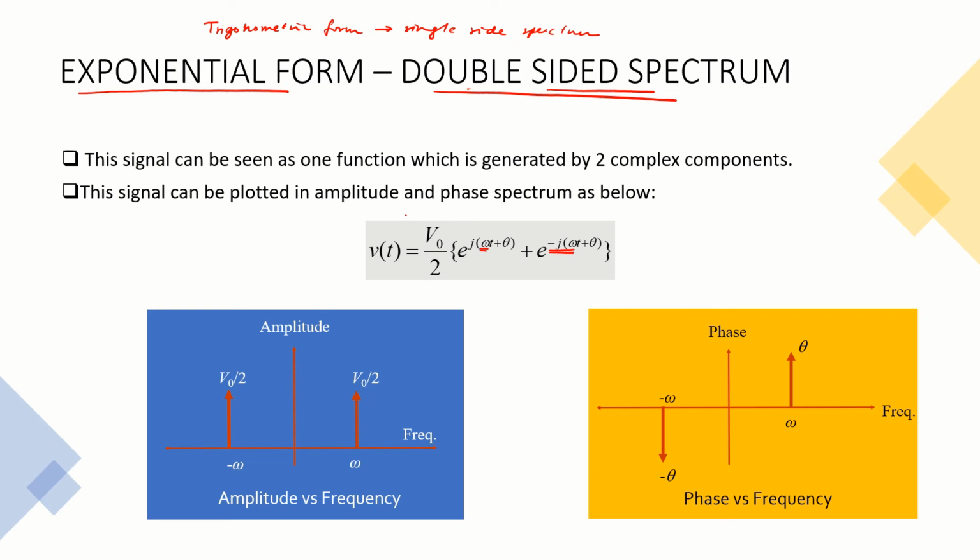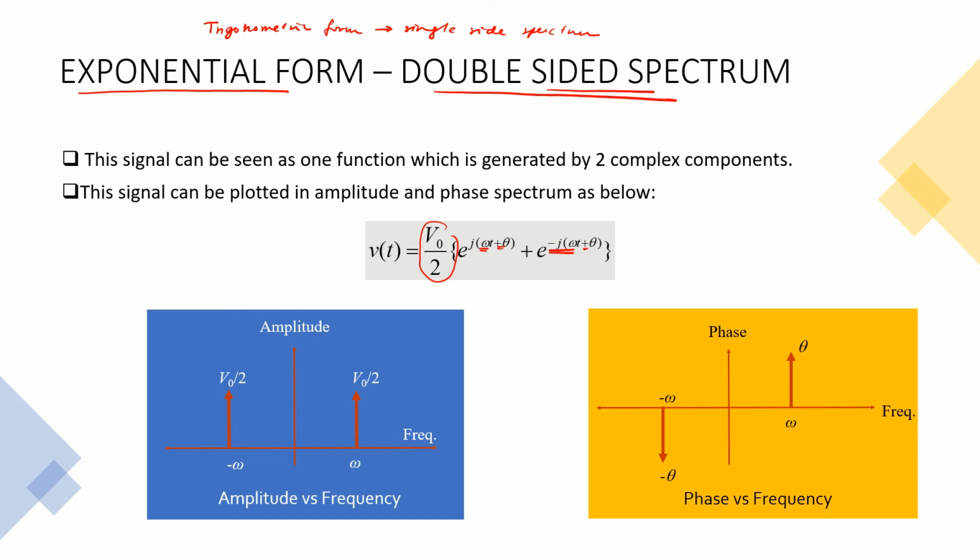This is going to be the amplitude, as usual. And for the phase, this is going to be the phase value. For the negative, the phase value, although it's positive here, don't forget there is a negative. So negative times positive, therefore it's going to be negative here.